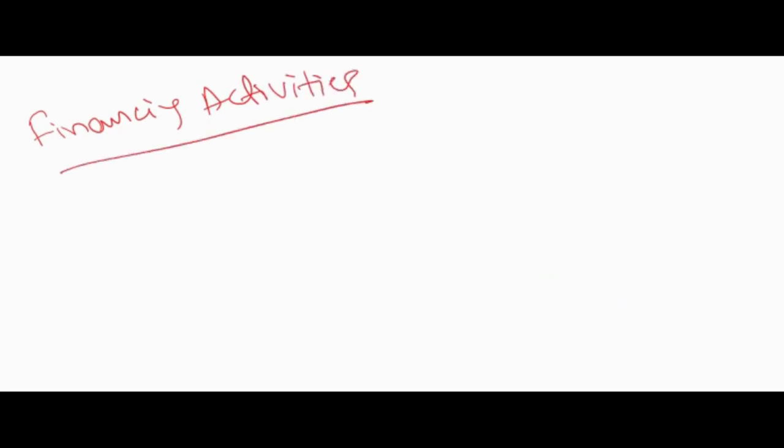Now let's look at the third one, that is cash flow from financing activities. What are the things considered under financing activities? Let's say you are issuing share capital. Issue of share capital is positive, let's say around 10 million.